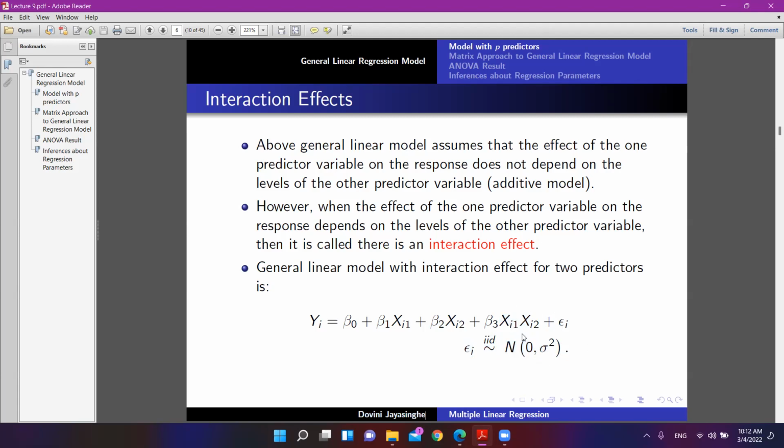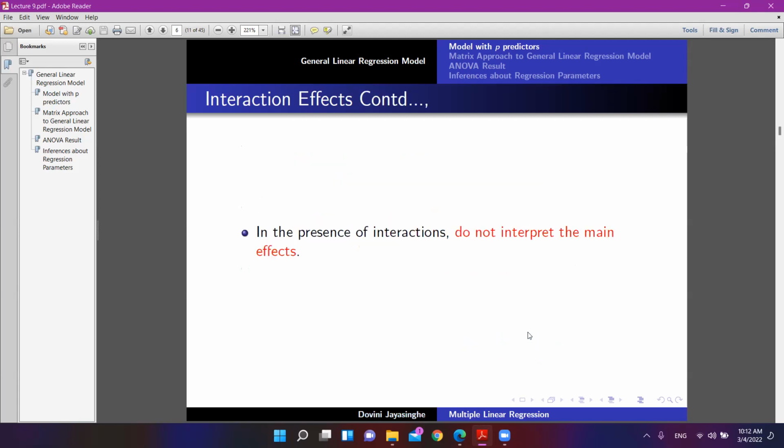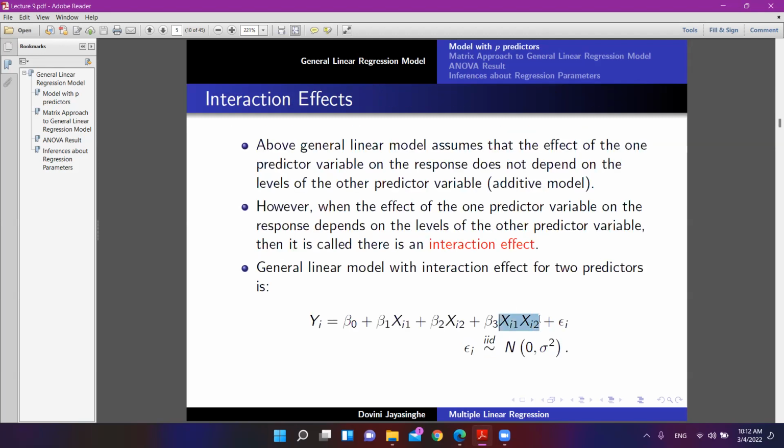Same assumptions hold. In the presence of interactions, do not interpret the main effects. So if this is a significant term, do not interpret these things, right? It's meaningless to interpret the main effects, the effect of this on this, the effect of this on this. We do not interpret that.